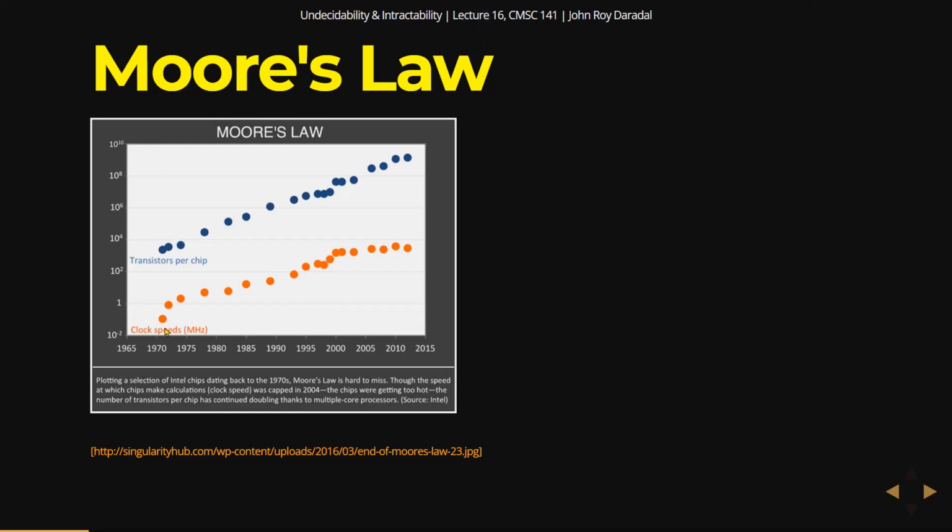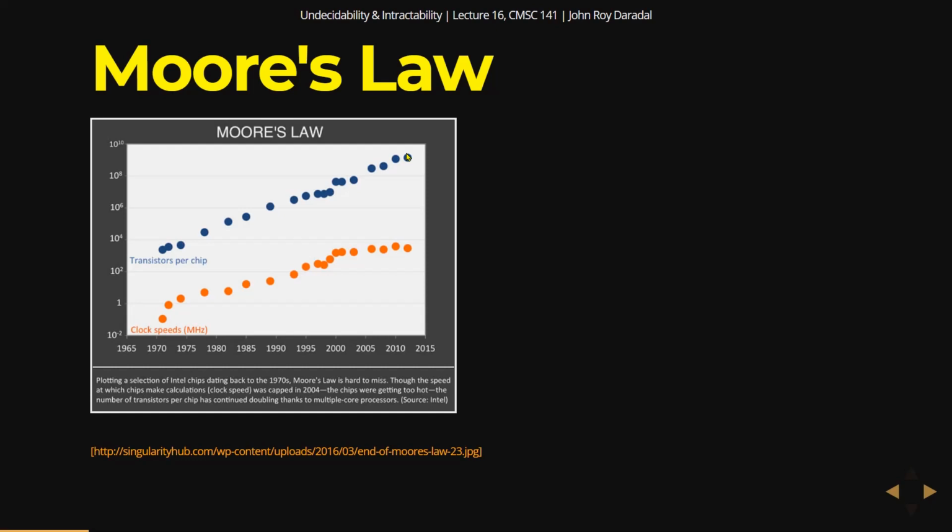You see here the graph of the number of transistors per chip from the 1970s all the way up to the 2010s. From 10 cubed, which is about 1,000, now you can put about 10 raised to 9, which is a lot. There are now billions of transistors that you can put into your chip.